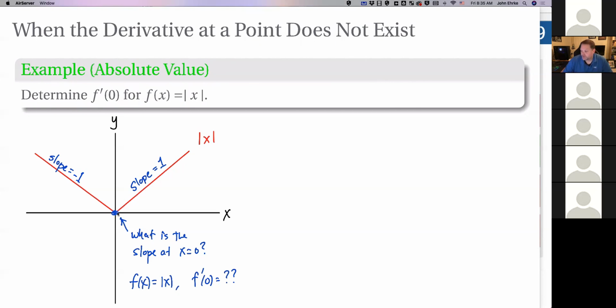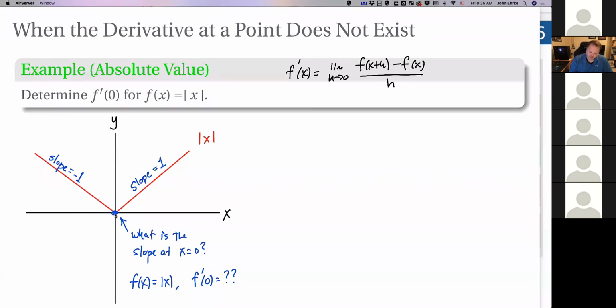Looking at the picture, I don't have a good idea of what it's going to be, but I do know from class last time that we can calculate derivatives using a limit. f prime of x equals the limit as h goes to 0 of f of x plus h minus f of x, divided by h. That's our derivative limit formula from last class.